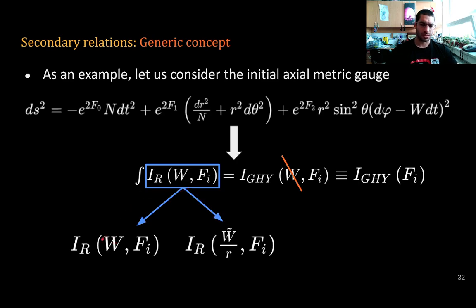For example, we can consider one lambda and one lambda over r. And since the Gibbons-Hawking-York term is independent, their difference should be equal to 0. And this gives a secondary relation that can also be used to put constraints on lambda, or to start from one general metric parameterization and go to another, in such a way that it makes our parameterization simpler.